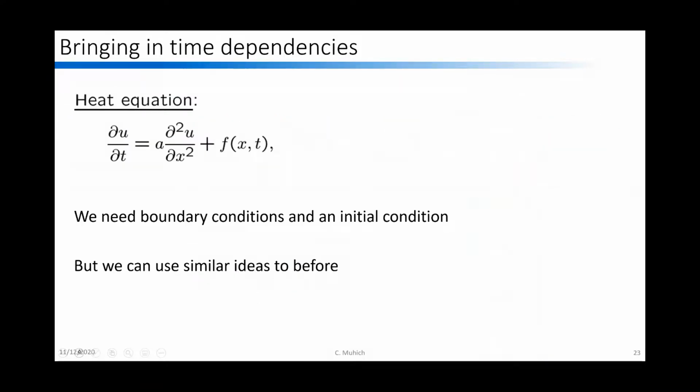Okay, so now I want to talk about bringing in time dependency. So previously we just had boundary value problems essentially. Now we're going to talk about a case where we have a time dependency and a boundary condition.